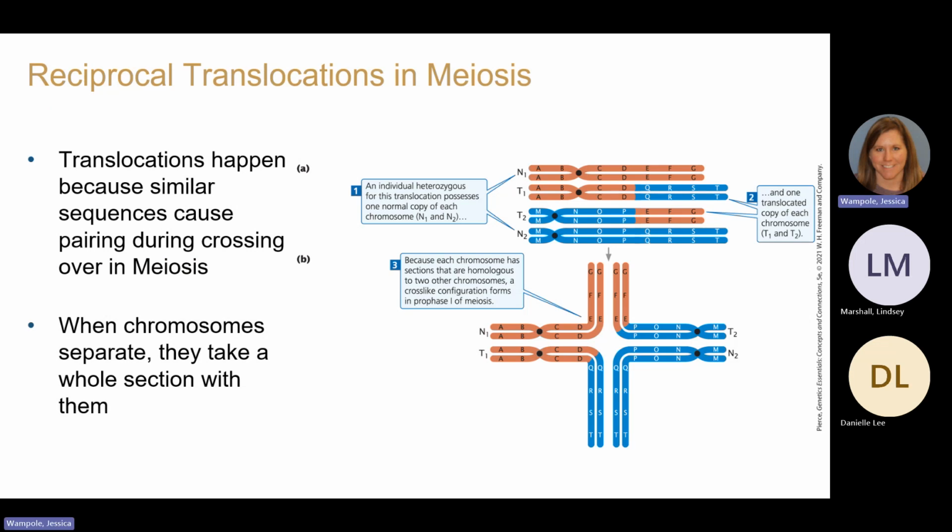So I already mentioned this. This is just a diagram, though, that shows what a translocation might look like, much better than my diagram. So what's happening here is it's showing that during meiosis, our sister chromatid pairs line up, but they line up incorrectly. And this is probably because there's some region here or maybe here that is very similar.